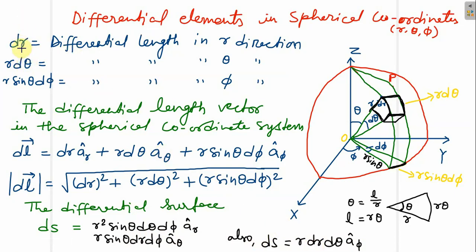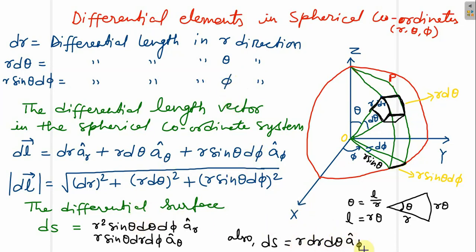You multiply any two of them at a time, like we are multiplying dr into r d theta. If I am multiplying dr, we are taking the r direction component and theta direction component multiplied together, so we get r dr d theta, and the direction will be of the third one. Okay, fine.